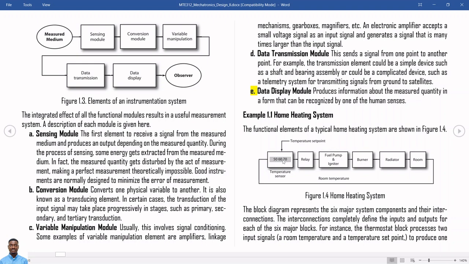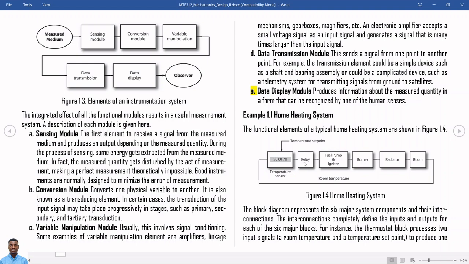An example here is just a home heating system whereby we have a temperature set point. We have the temperature sensor here reading whatever temperature value is from probably the heating element in this case, and also there's a set point that this should be. So you have a relay here.